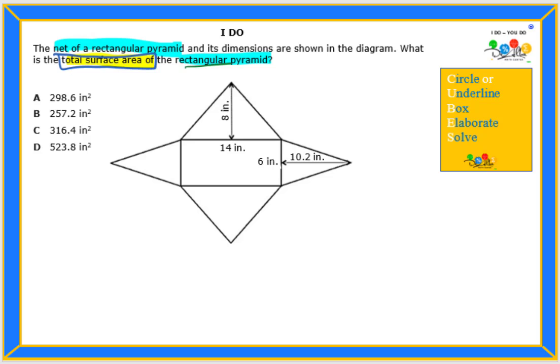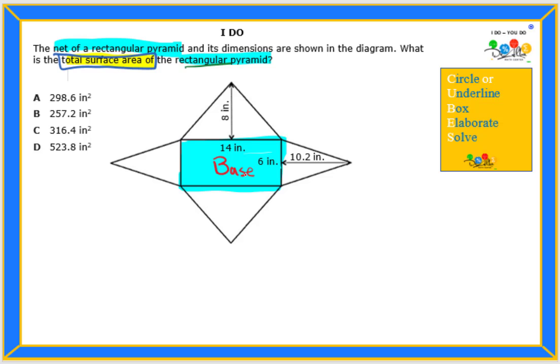Since it is a rectangular pyramid, the base is a rectangle. And so this one right here would be our base. The faces are the triangles, and that's why it forms a pyramid.